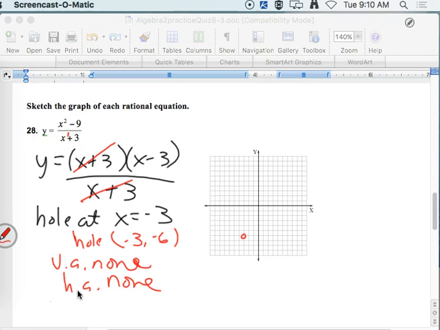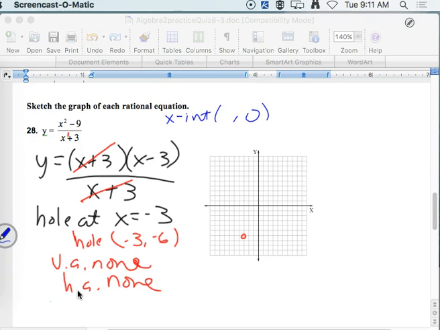Well, let's try and find x-intercepts and y-intercepts. Maybe that'll help us out. X-intercept, something, 0. Where do you get the x-intercept again? Top is 0. When is the top going to be 0? Yeah.